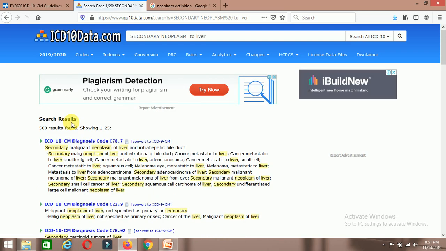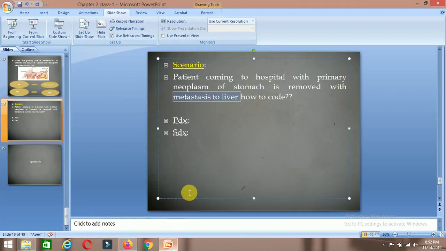My principal diagnosis will be C78.7, and then we have to assign Z85 as per the guideline.